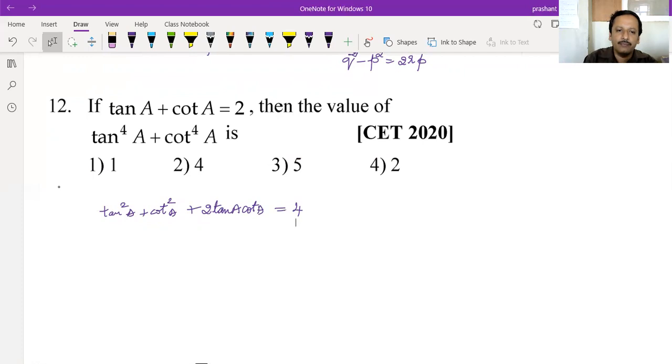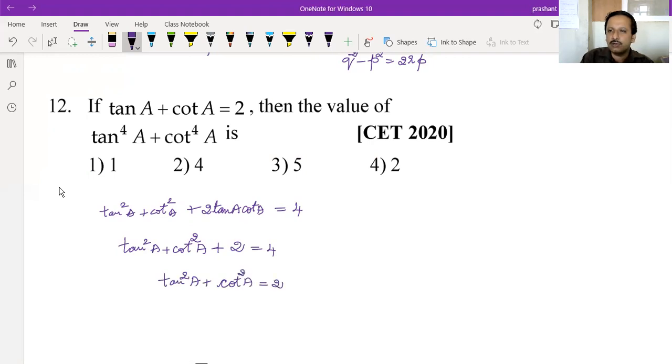Now tan square a I'll keep as it is, plus cot square a. Tan a into cot a will be equal to 1, because cot a and tan a are reciprocals of each other. So plus 2 into 1, 2, is equal to 4. Take this to RHS, that will give you tan square a plus cot square a is equal to 4 minus 2, which is equal to 2.